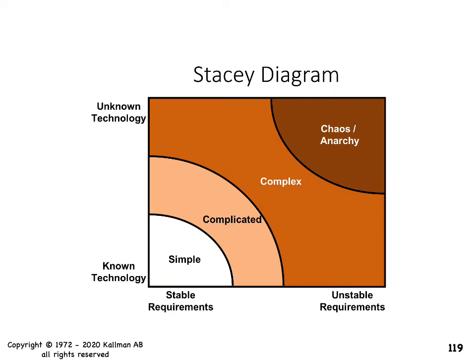And the Agilists will point out that for complicated, complex, chaos, and anarchy, you would use Agile. And I've heard many Agilists say, well, for simple, just use a checklist, use traditional project management, use whatever.